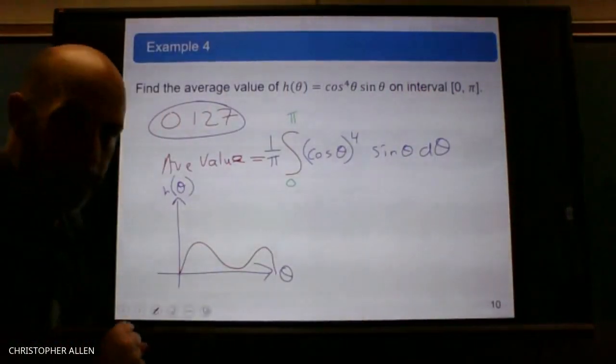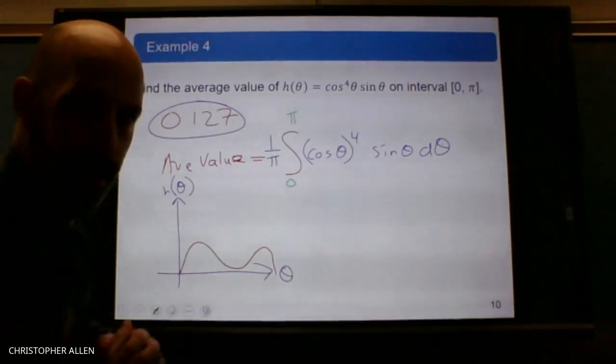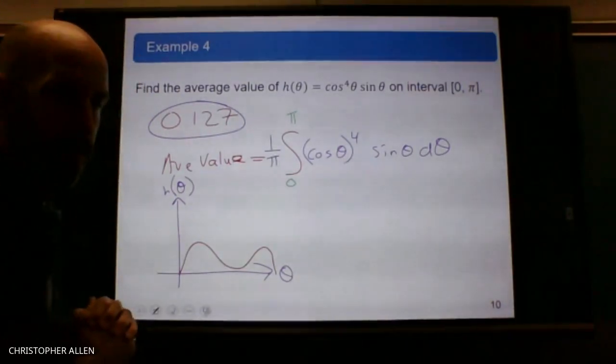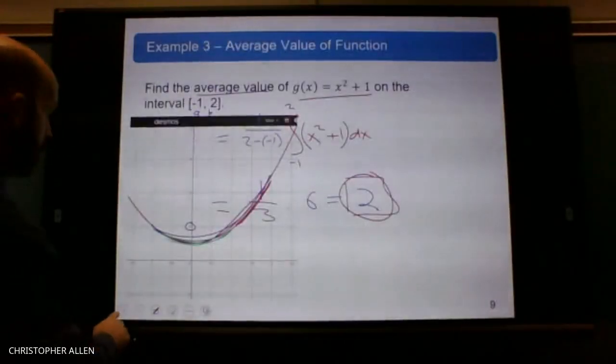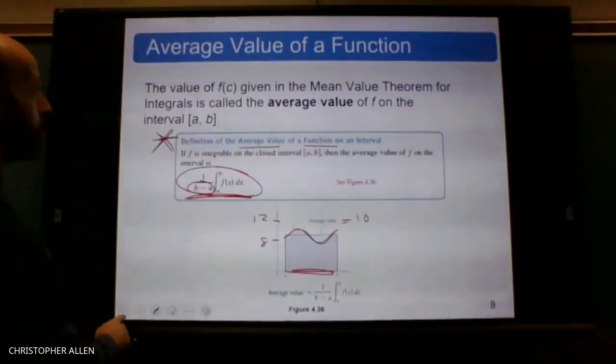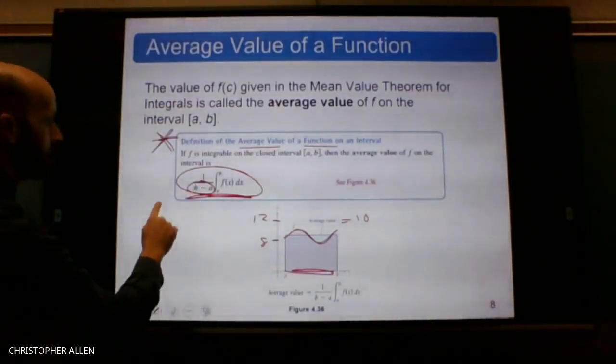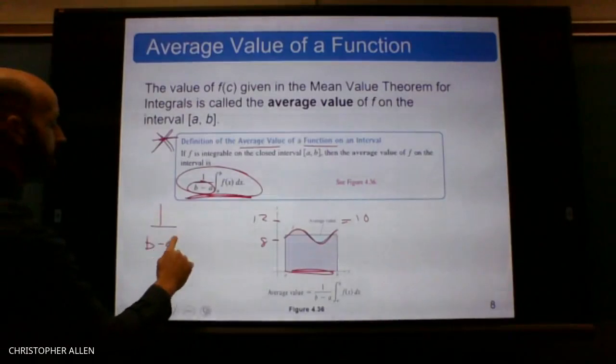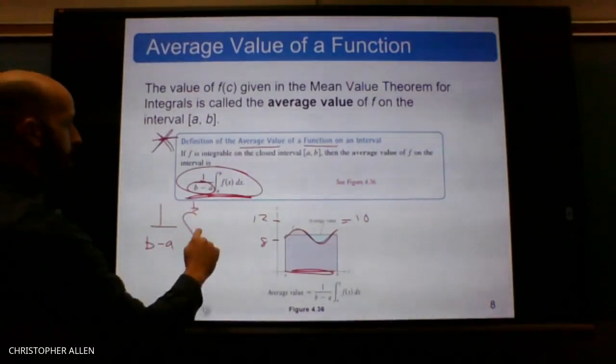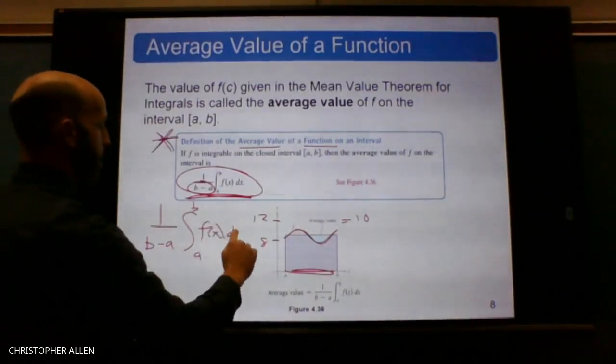Questions on that one? If you have questions on the calculator, that's fine too. Where does the 1 over pi come from? So remember that here we've got to do 1 over b minus a, integral from a to b, f of x dx, right?